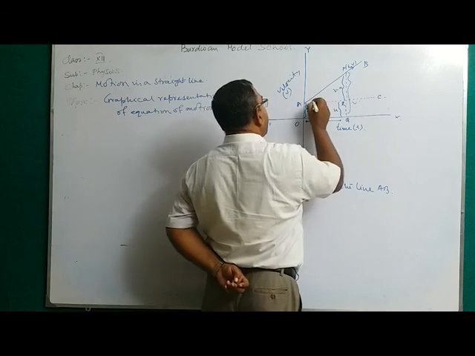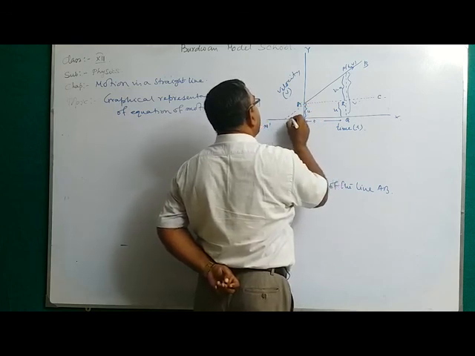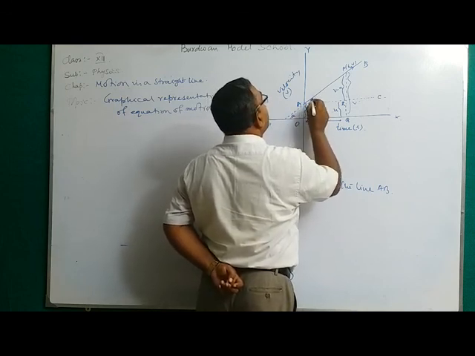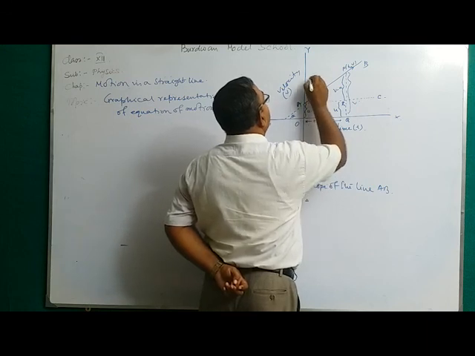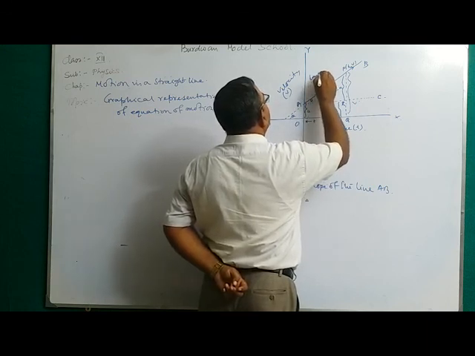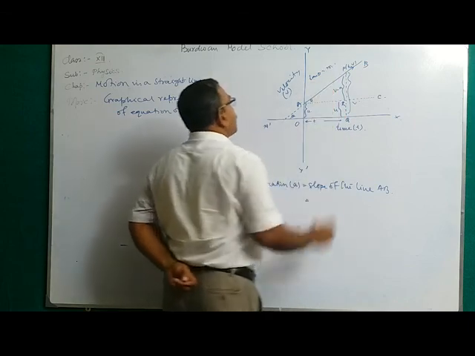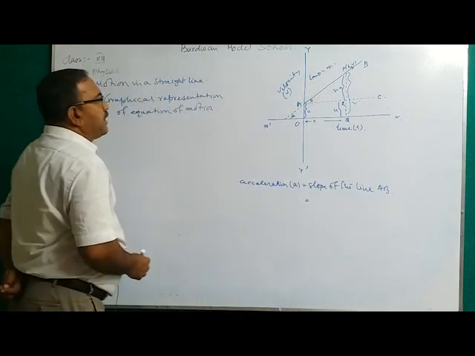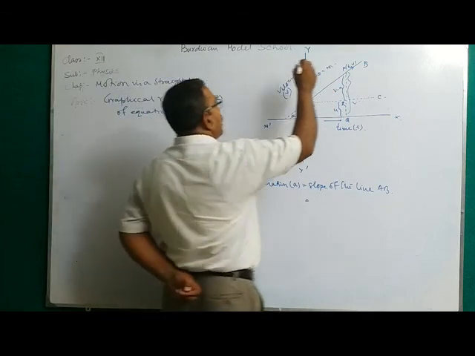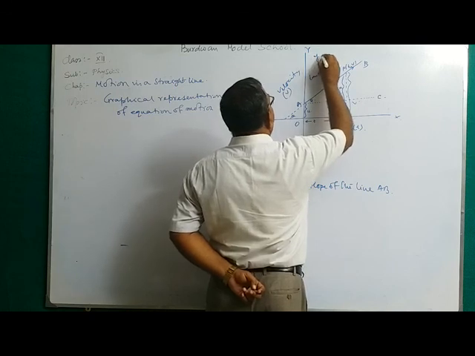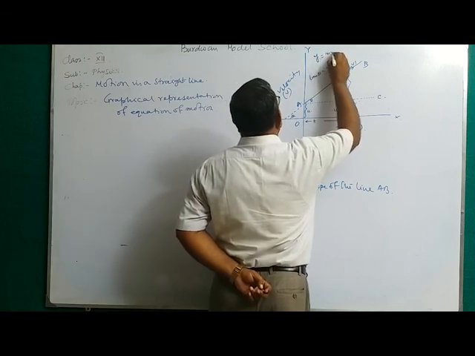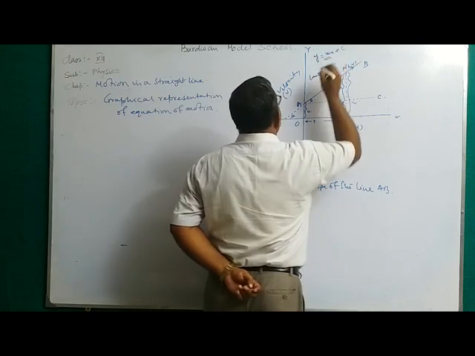If this is theta, then tan theta is the gradient of this line, the slope of this line, m. You know from coordinate geometry, y equal to mx plus c; this m is the slope of the line.